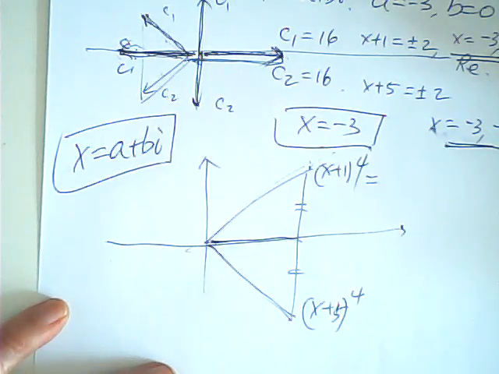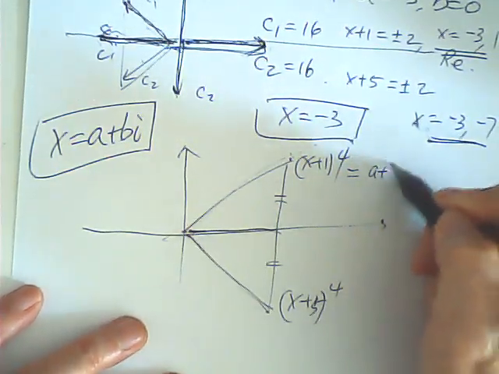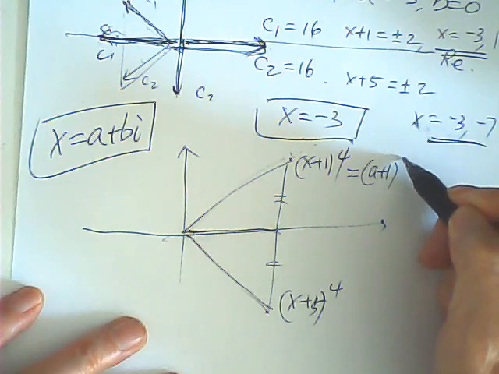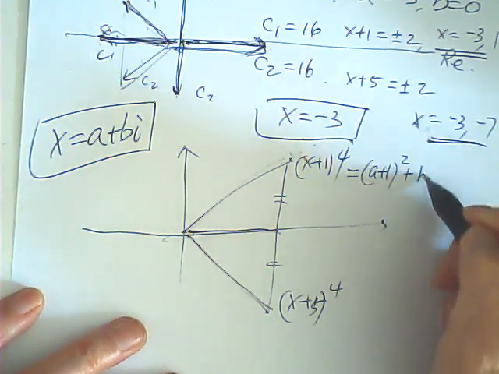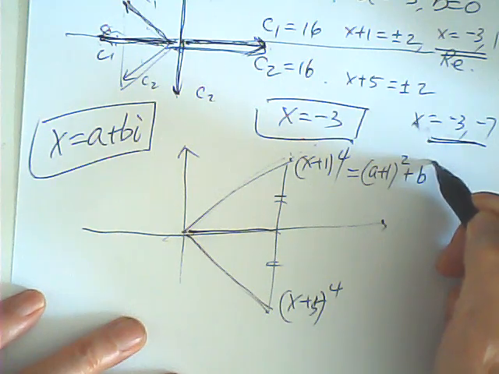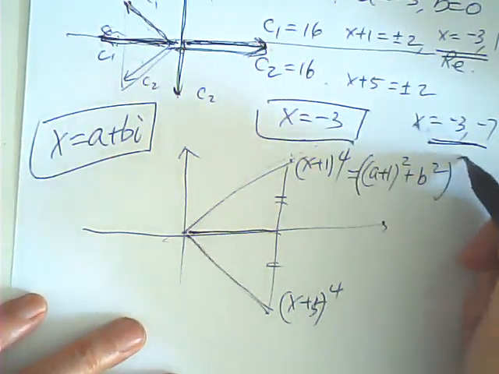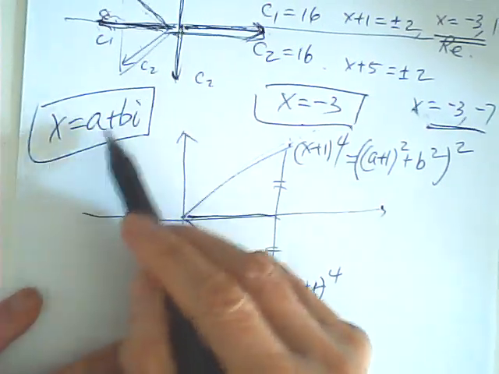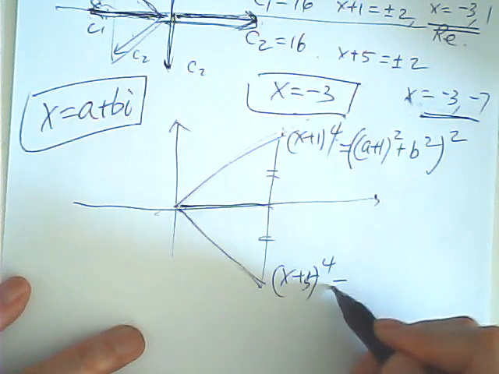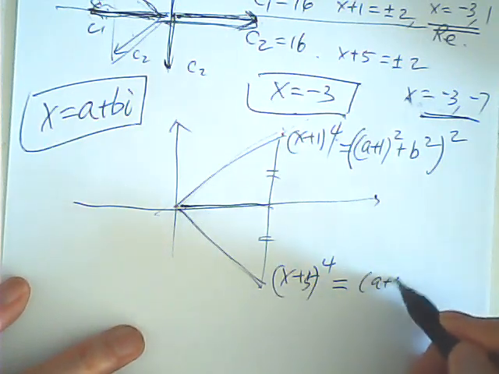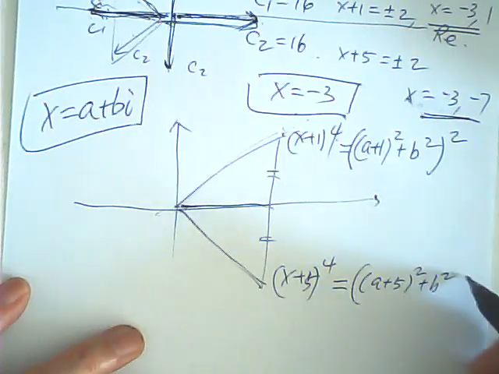So this one means that the square root of a plus 1 squared plus b squared, right? Because this square root is the modulus. Then the other part becomes this. This one is equal to the square root of a plus 5 squared plus b squared.